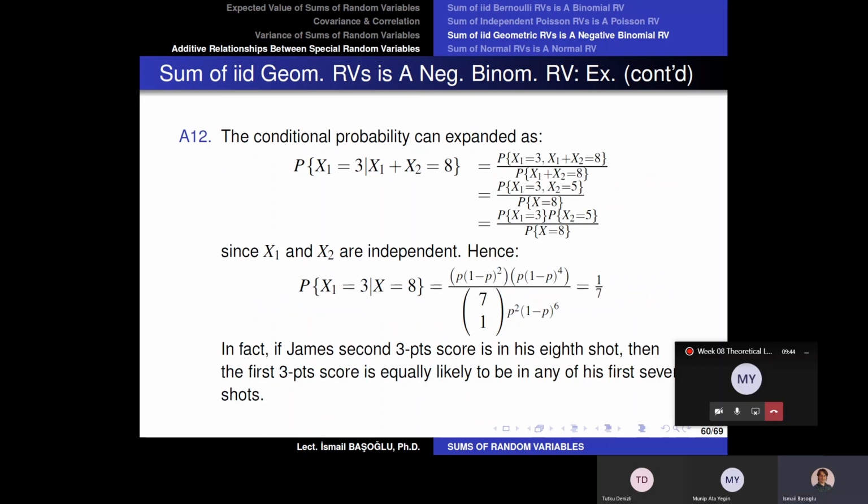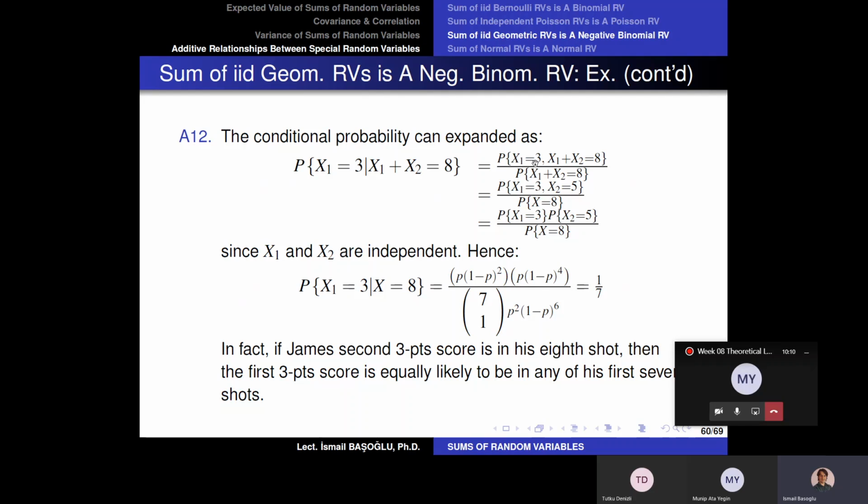Now, that is the probability that I need to answer, and we expand that probability again by writing the probability of the intersection of both the event of interest and the event of condition in the numerator, and in the denominator we write the probability of the conditioning event. And the probability of the conditioning event is the probability of X being equal to 8.